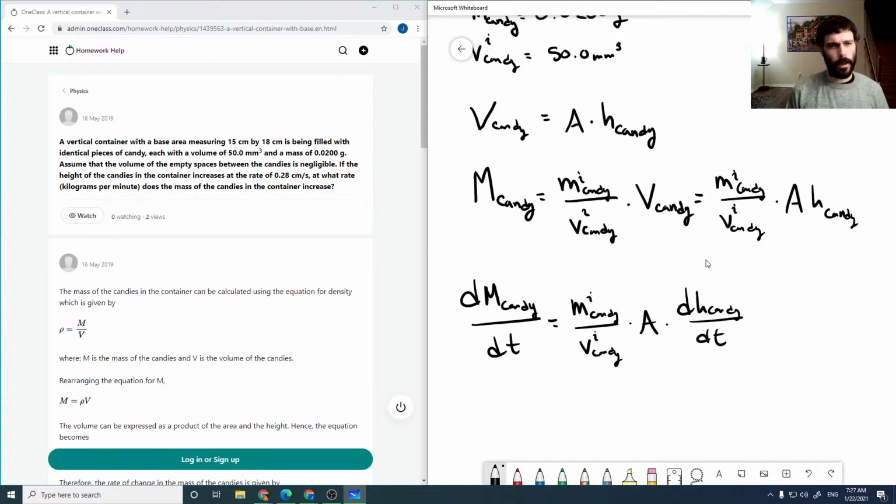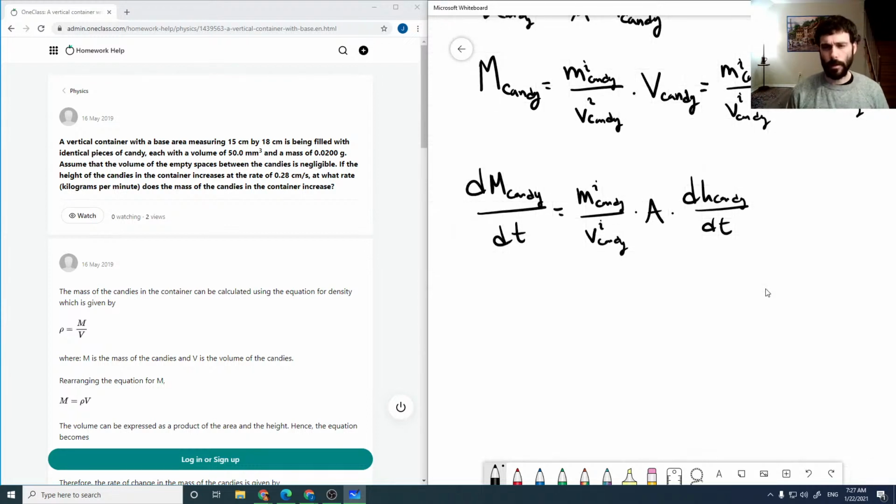We're given the height change with time and pretty much everything in this equation. So this is just going to be my individual candy mass over my individual candy volume times my area times my change in height with time.